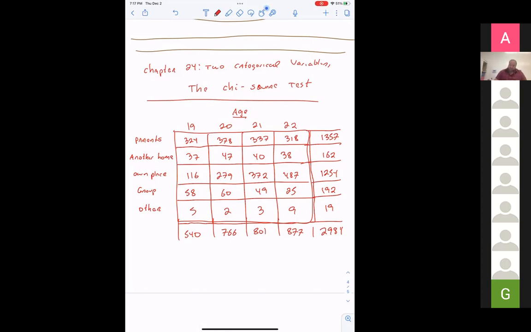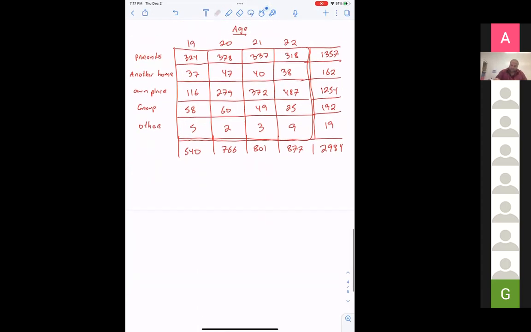So the first question we're going to ask for this particular example is: is there a connection between the two categorical variables? Is there a relationship between them? The null hypothesis will always be no relationship.